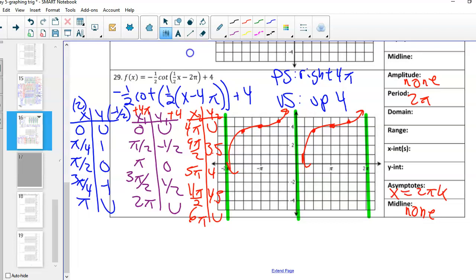So domain is not that. Range is still all real numbers. Our x-intercepts are going to be something between 0 and pi over 4, so don't worry about that. And in this case, we wouldn't have a y-intercept because of our asymptotes.